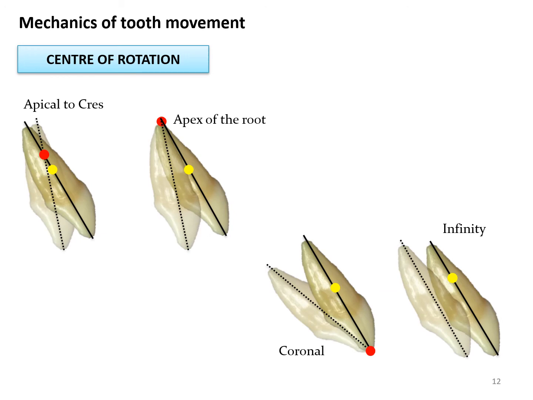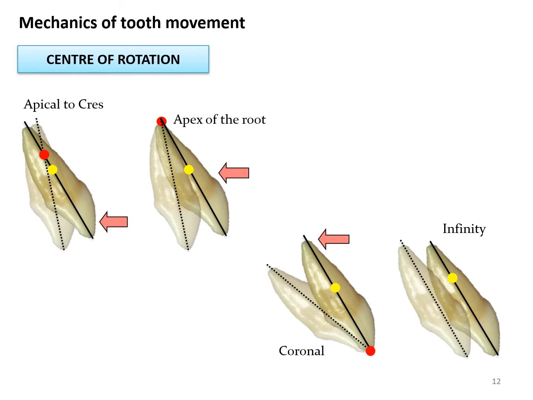Here are a few examples of how the tooth will rotate when forces are applied at different levels or at different areas. So if the force is applied at the crown of the tooth, then the center of rotation is apical to center of resistance. If force of application is at the middle one-third of the tooth, then the center of rotation is at the apex of the root.